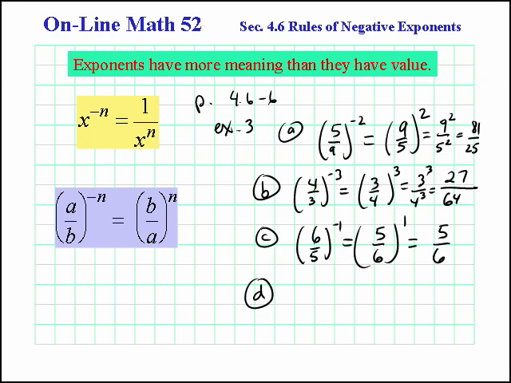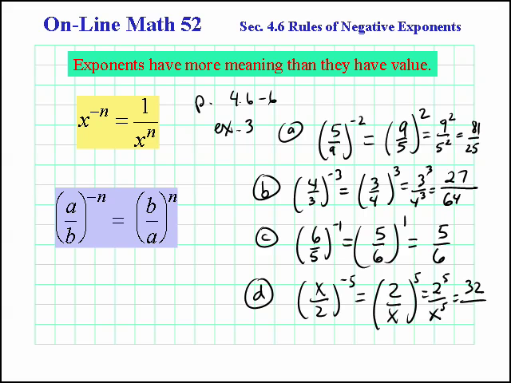X over 2 to the negative 5. Which would become 2 over x to the positive 5. And that's 2 to the 5th over x to the 5th. It's 32. We saw that number earlier. Over x to the 5th. Okay? So that's how we can work with fractions and negative exponents.